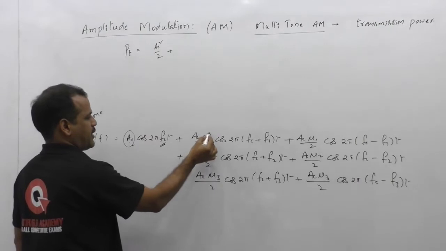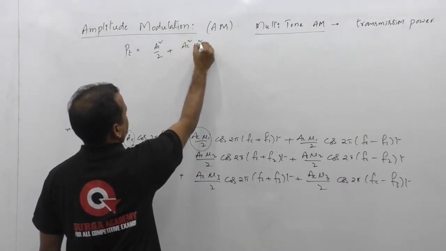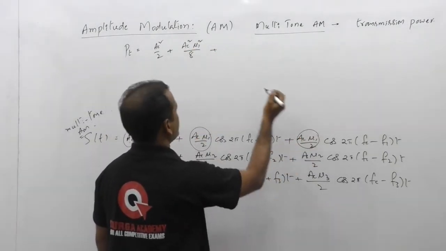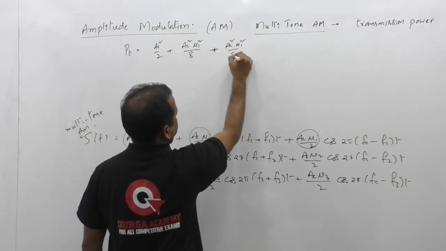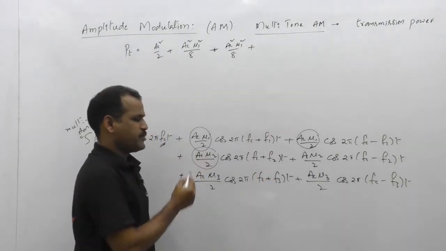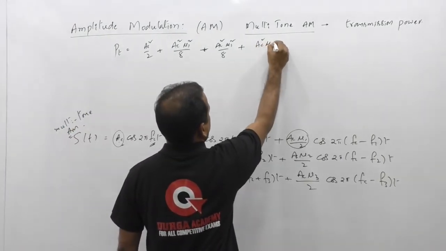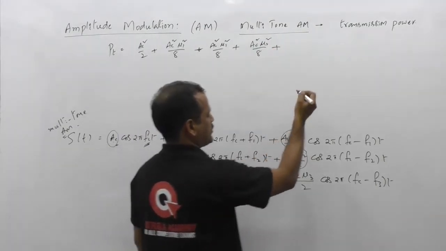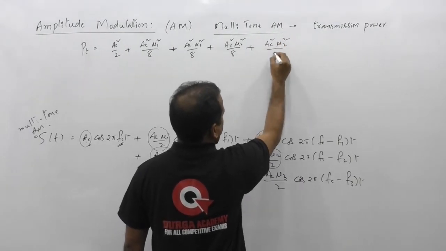then the amplitude here is AC mu 1 by 2, so that we will get AC square mu 1 square by 8, and the next term also has AC mu 1 by 2, so that we will get AC square mu 1 square by 8. Similarly, for this term, AC mu 2 by 2, we will get the power AC square mu 2 square divided by 8, and this also has the same amplitude component, having power AC square mu 2 square by 8.